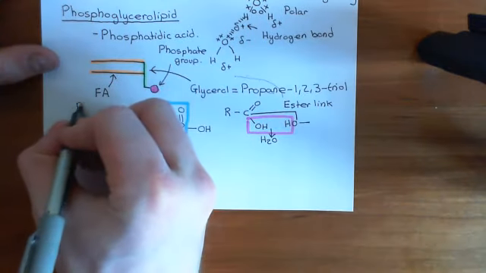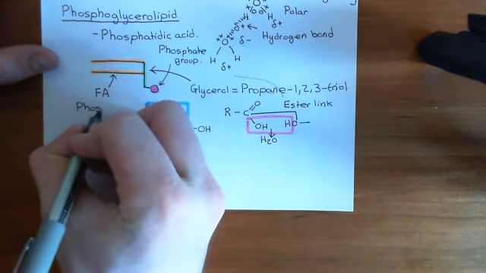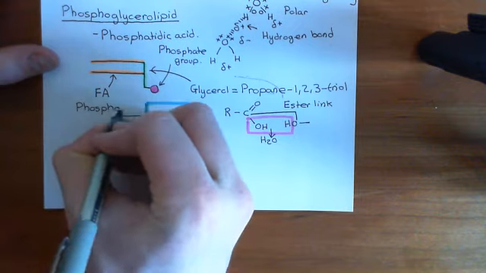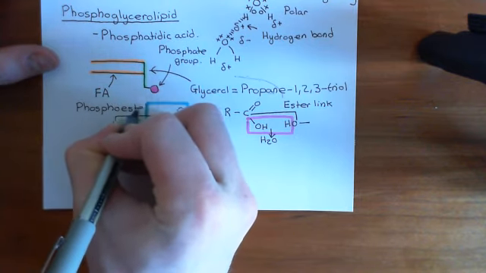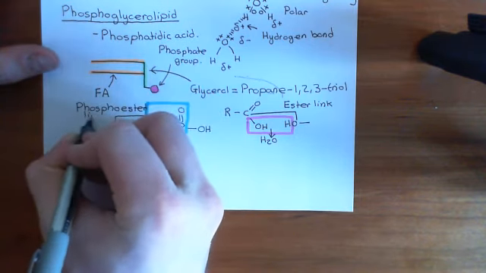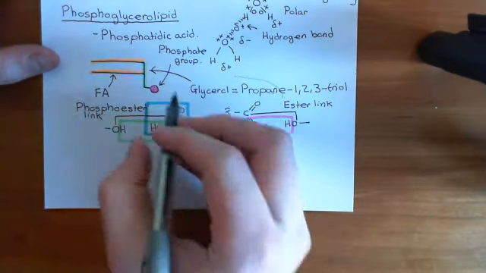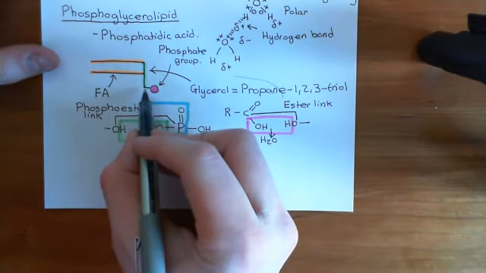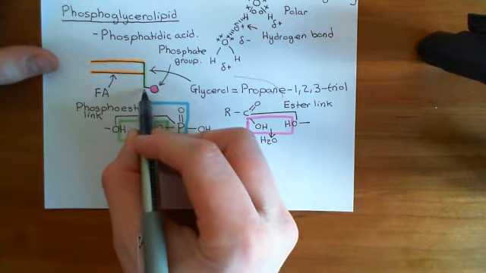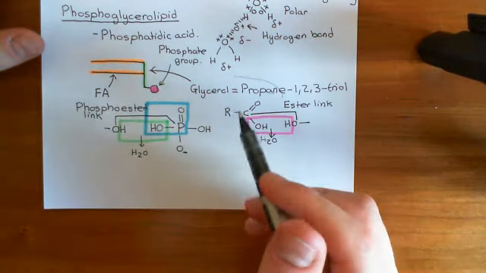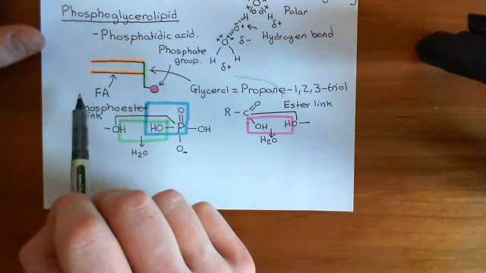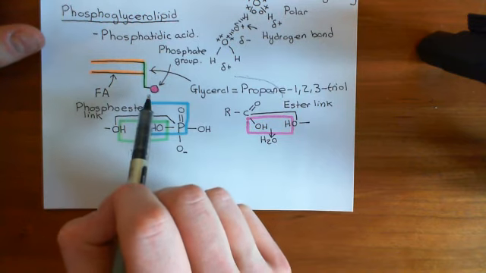Now it's not the same, so it's called instead a phosphoester link. Okay, right. So that's how we're going to attach a phosphate group onto the alcohol group that comes off the 3rd carbon of the glycerol molecule. Okay, so that then is the structure of phosphatidic acid.